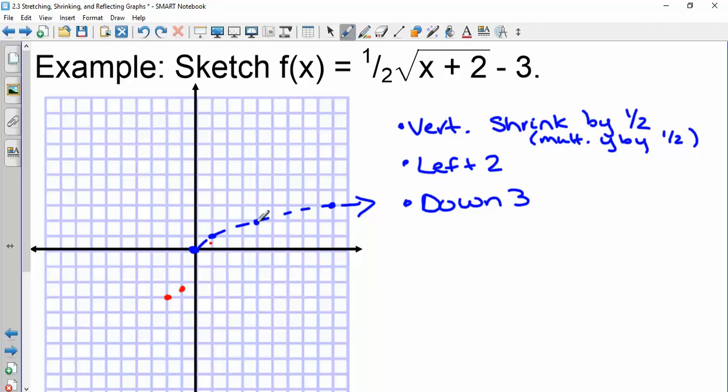If I take 4, 2, right here my y value is 2, times 1/2 is just 1. And then we need to go left 2, down 3.